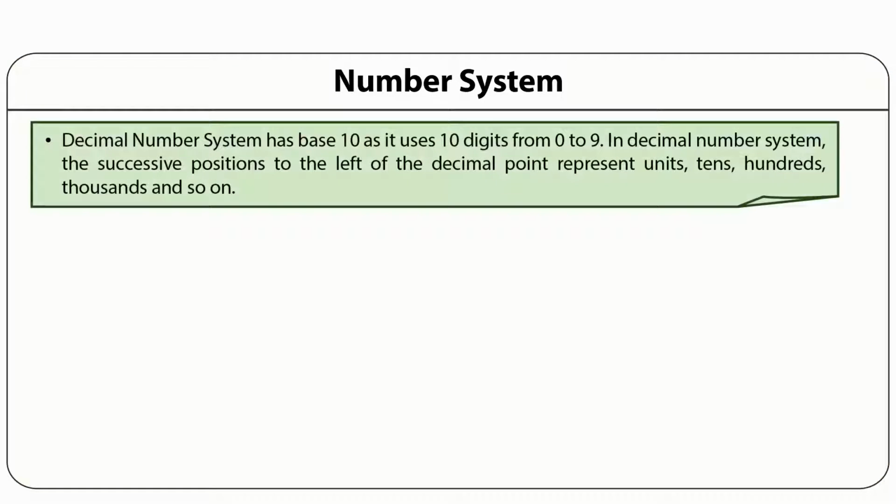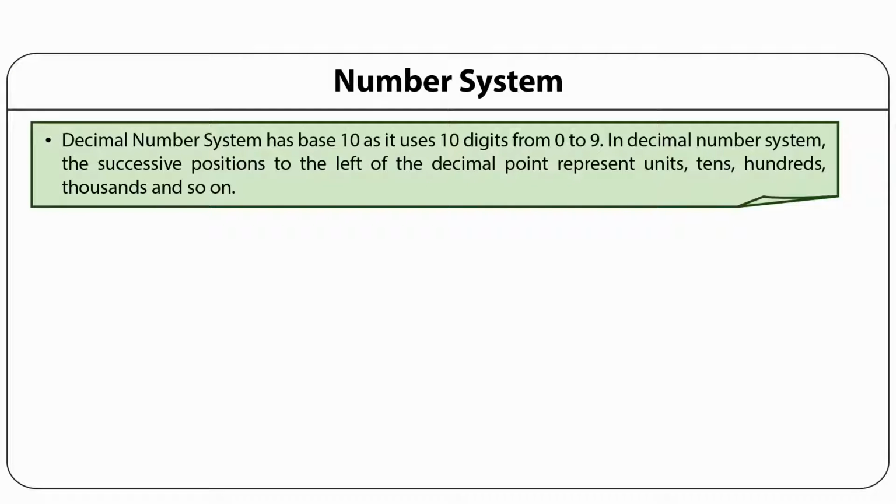The computer understands the positional number system, where there are only a few symbols called digits, and these symbols represent different values depending on the position they occupy. Radix or base is defined as the total number of digits available in the number system. Decimal number system has base 10 as it uses 10 digits from 0 to 9.